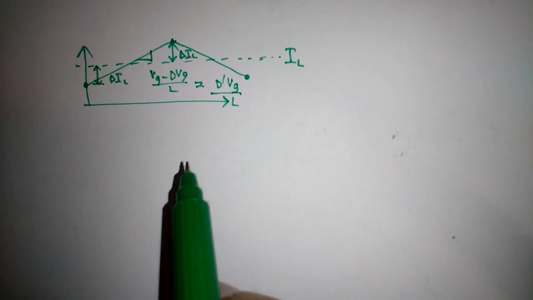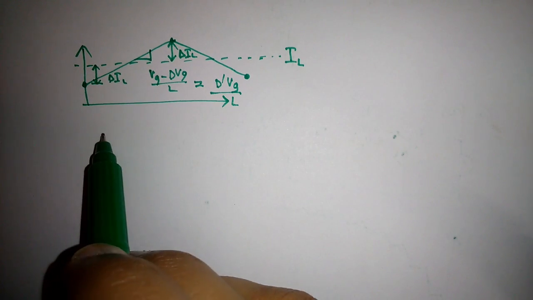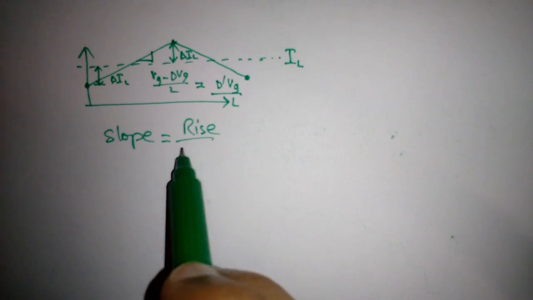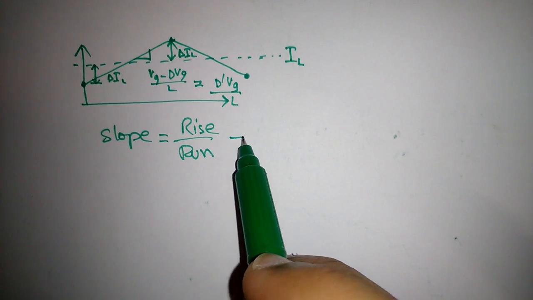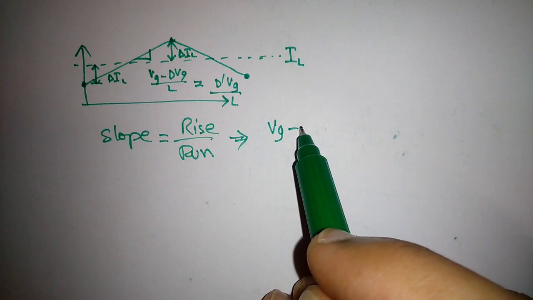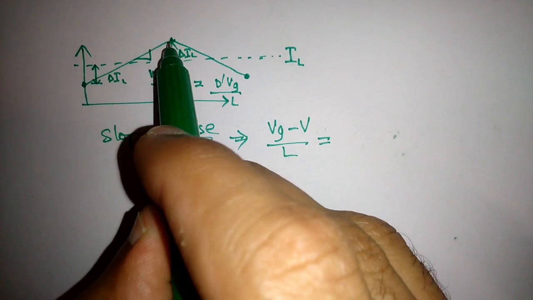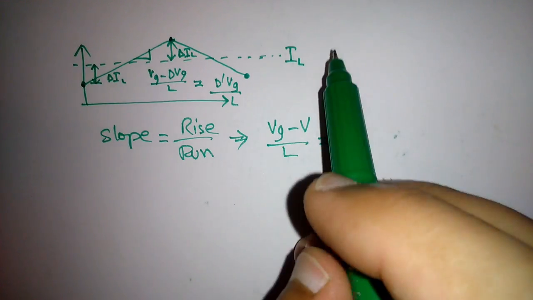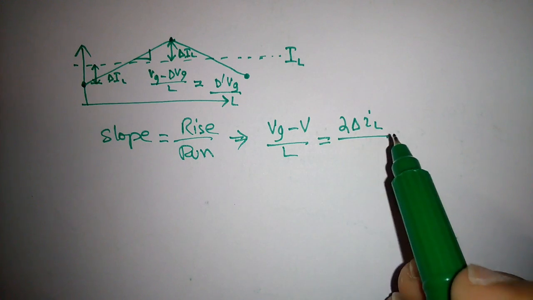or simply that is equal to d prime Vg over L. So in order to find the slope, we know the formula, slope is equal to rise over run. So the slope is actually (Vg minus V) over L, and rise is our total rise from this point to this point, so that is equal to 2 delta IL, divided by the run.